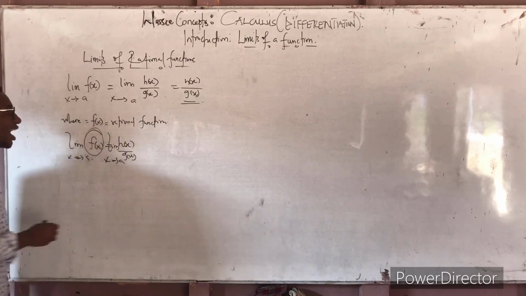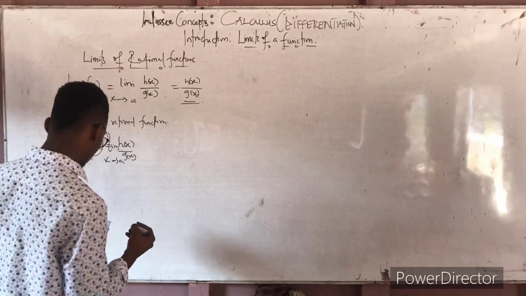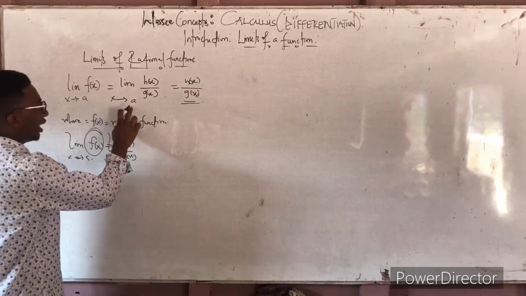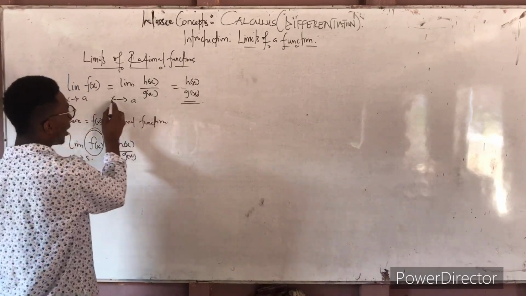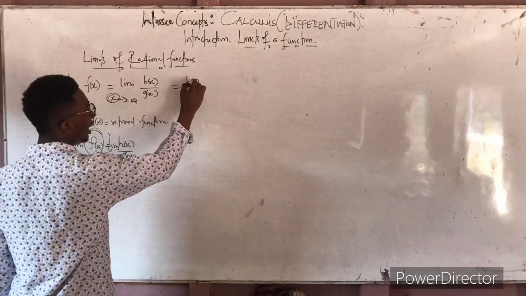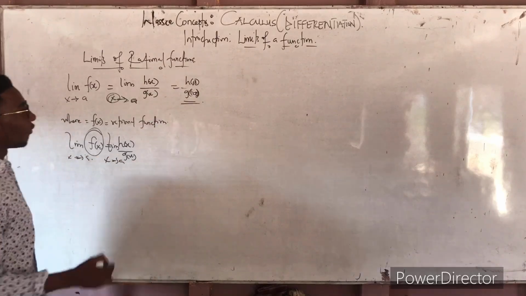So you can simplify a rational function to its simplest form before you make your substitution of the a. If you make the substitution of a as x approaches a, then it becomes h of a divided by g of a.